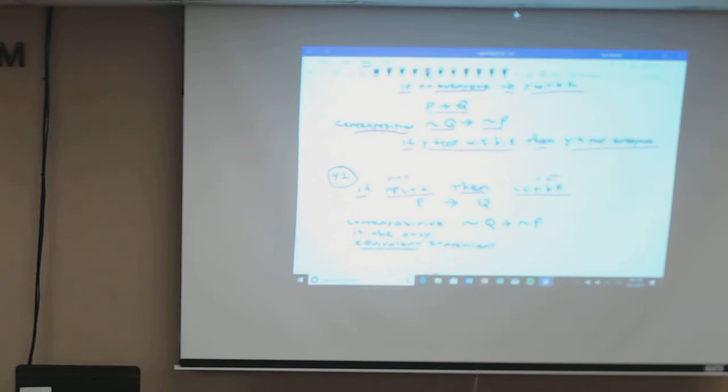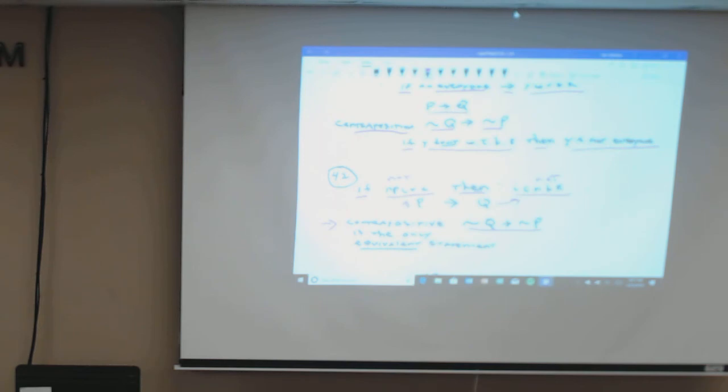So here's if P, then Q. What's the contrapositive? The converse, the inverse, and the contrapositive. The contrapositive is the only one that logically flows out of an if-then statement. So I said, what's the contrapositive? If not Q, then not P. So what would be not placed in a container?